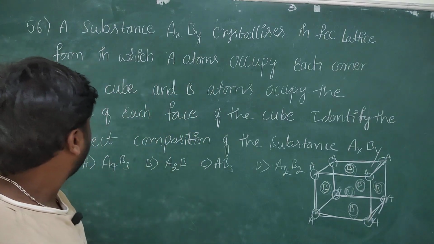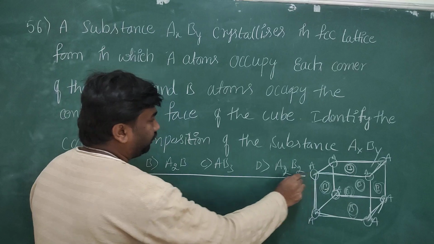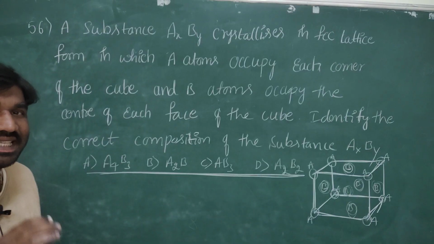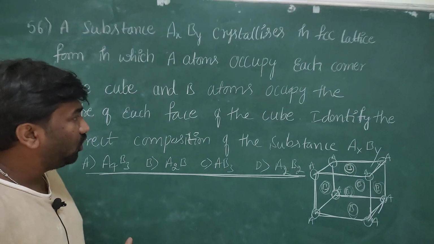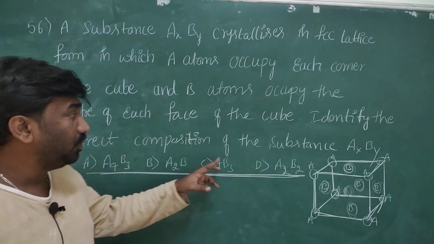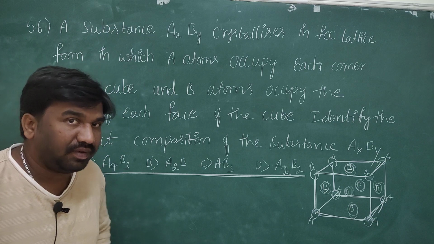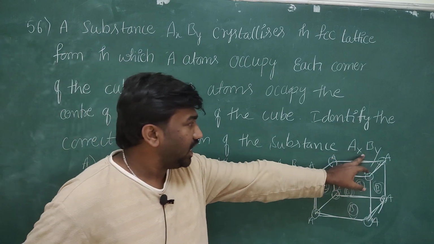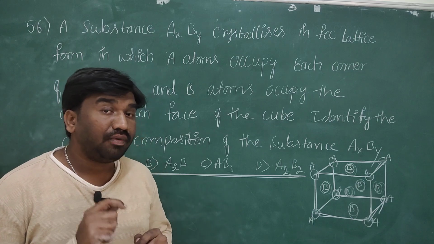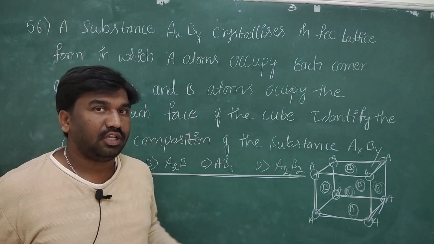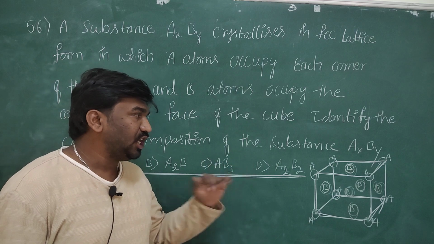So now what is the composition? It is a very easy and very logical question. We have to calculate the number of lattice points in a unit cell of the cubic lattice.